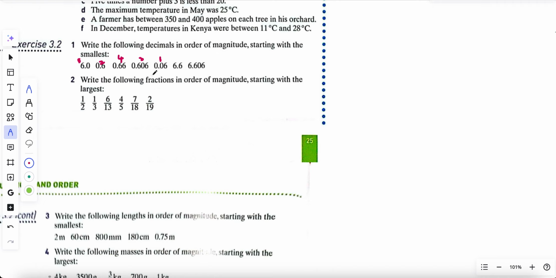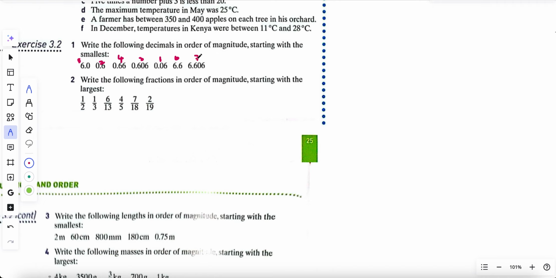Then we have 6.60 and 6.606. This one is bigger than this one, because 6.60 ends there, but 6.606 approximates to 6.61. So 6.60 is number 6, and 6.606 is number 7.